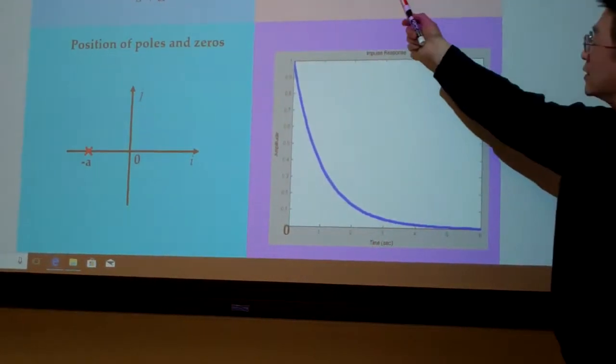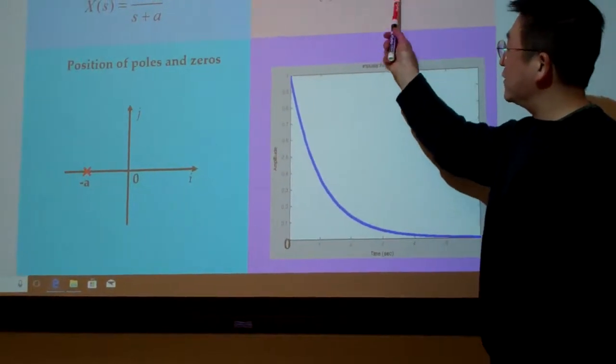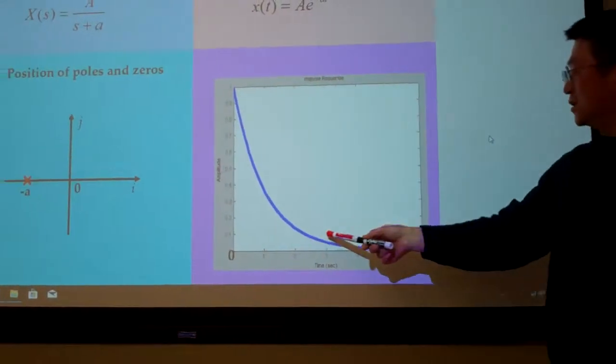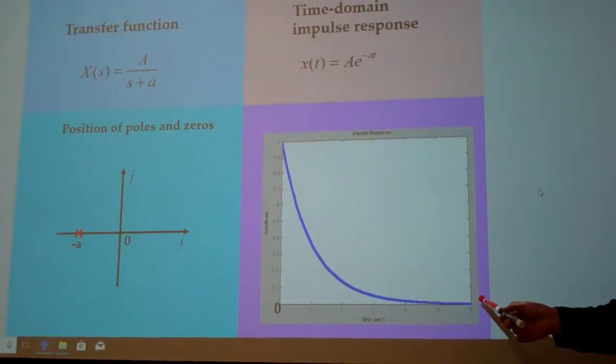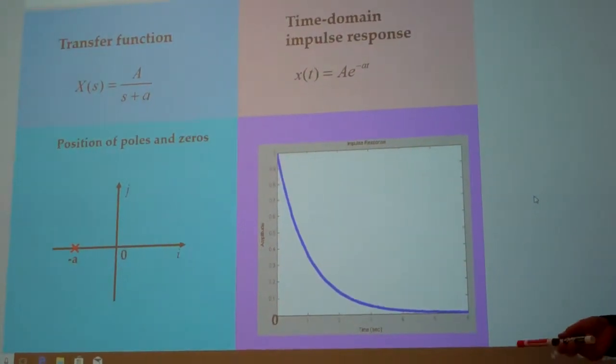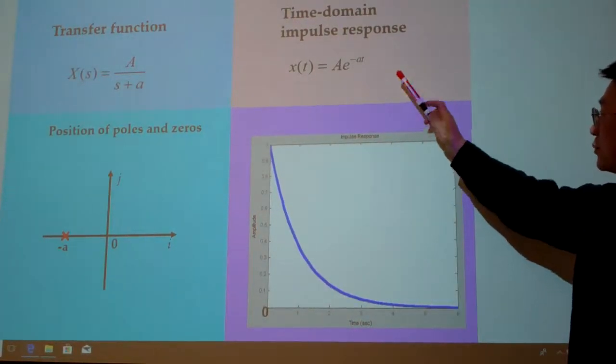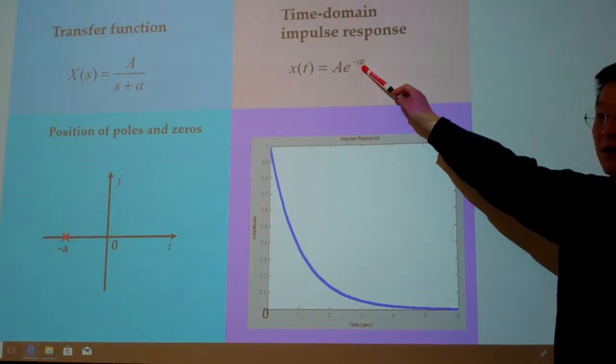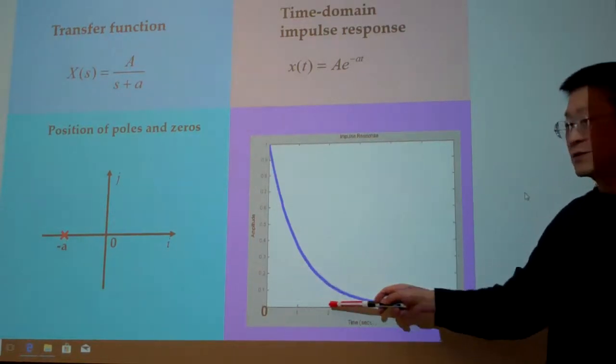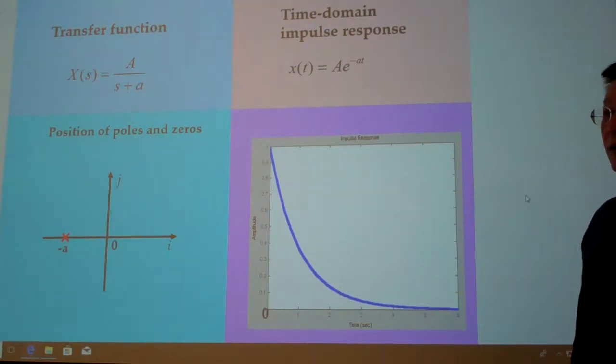And by drawing the response of this function, we can see that it is an exponential decay, no oscillations. Also the decaying rate is governed by a. The larger the a, the faster it decays. The smaller a decays slower.